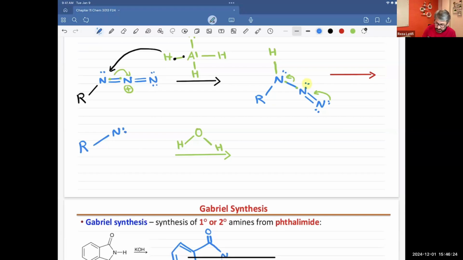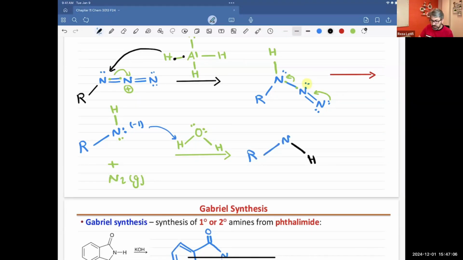Nitrogen already has a lone pair and is attached to hydrogen, and now it's going to have another lone pair, plus N2, and this one will leave as N2 gas. Next step, if you have an acidic H inside the solution, that acidic H can be taken by a strong base like N -1. This one will go after this H, and it will give us such a system.